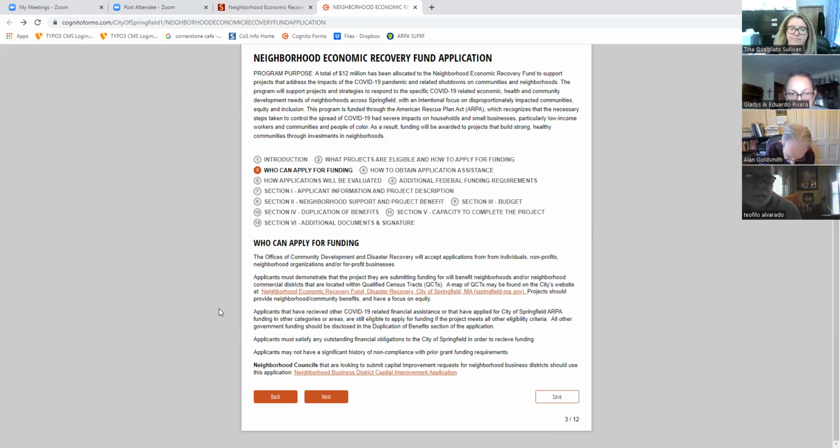Additionally, any entity that had a significant history of non-compliance with prior grant funding requirements from the city would not be eligible to go to contract. I haven't encountered lots of those folks in my time with the city, so I don't anticipate that being an issue, but I do need to mention it. Another thing, which I'm going to skip over because we're going to cover it in the next section.